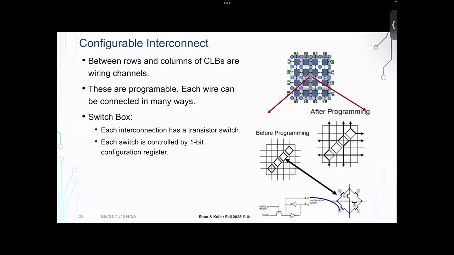You can see in this example here, this switch box has been programmed with a horizontal connection, this switch box has been programmed with a 90-degree turn connection, and so on. And so you just set these transistors and it tells which slices, which combinational logic blocks, are connected to one another, the outputs of one going to the inputs of the next.